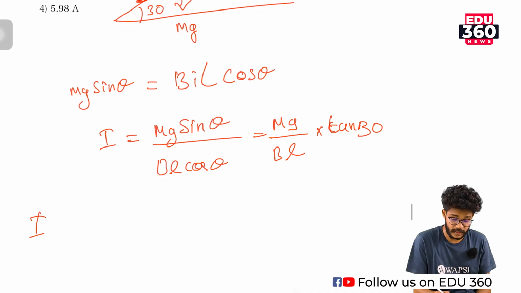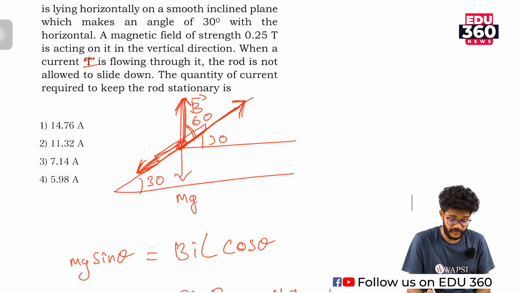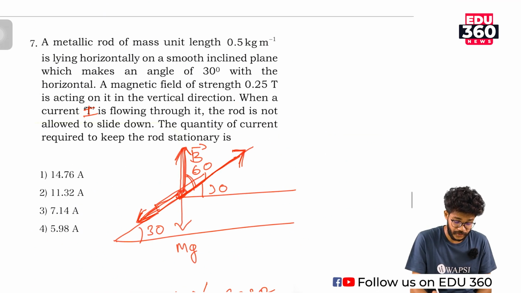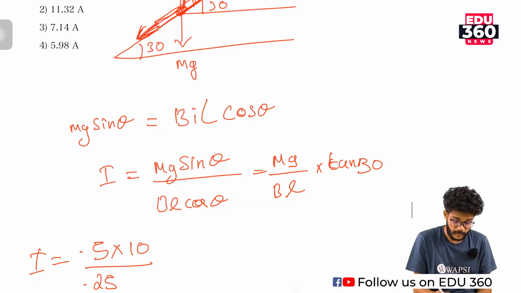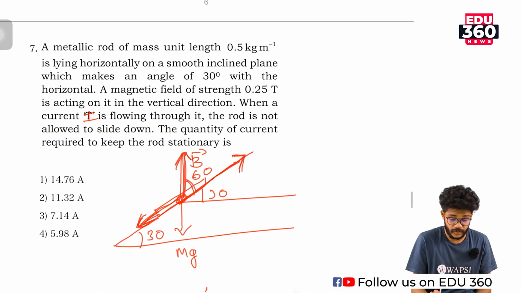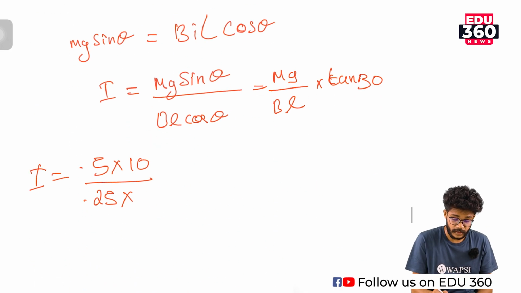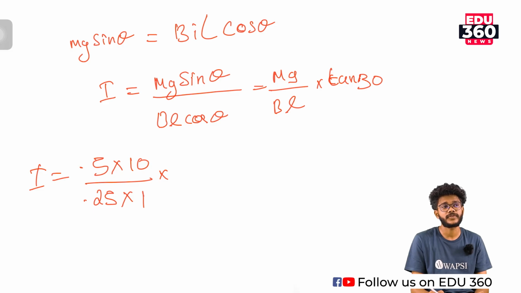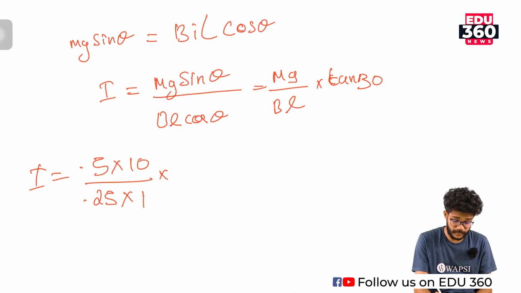So the current I is equal to M is 0.5 and g is 10, and the magnetic field is 0.25 multiplied by L. L is unit length, so 1, into tan theta. Tan theta is 1 by 2 divided by root 3 by 2, which is 1 by root 3.